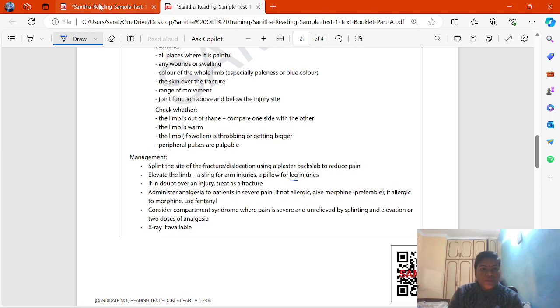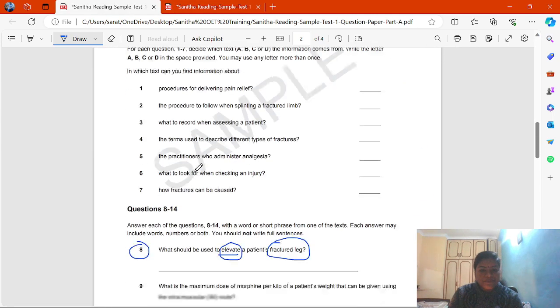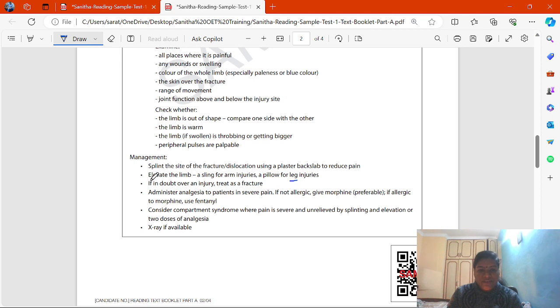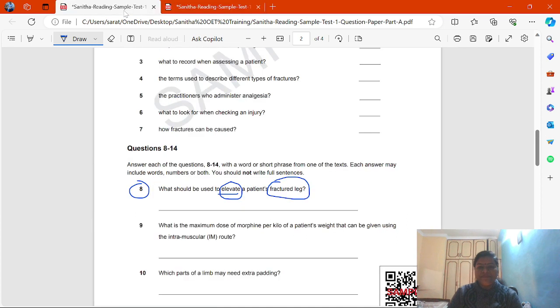What was the question? What should be used to elevate? We got elevate and fracture leg. Elevate we got here, leg we got. What do we use? A pillow. Then what is the answer? The answer is pillow. Got it? You have to write pillow here. How many people got it? Pillow. This is the technique.